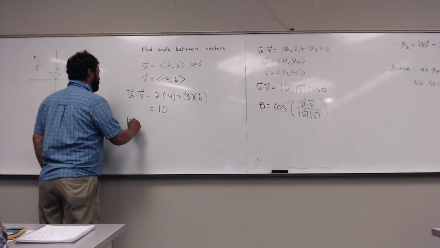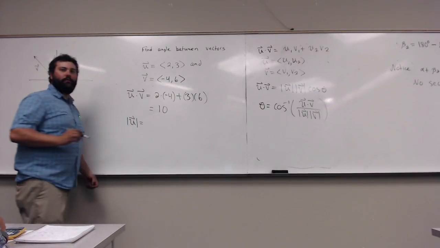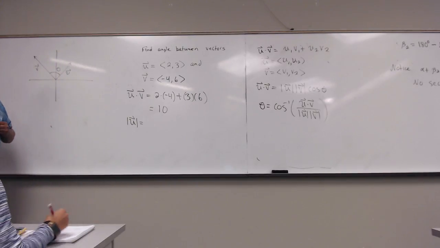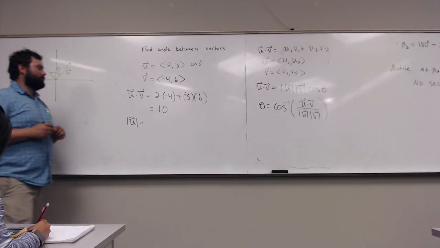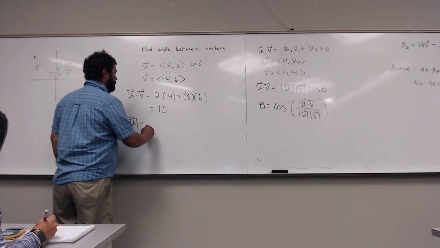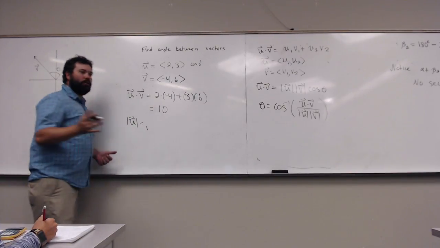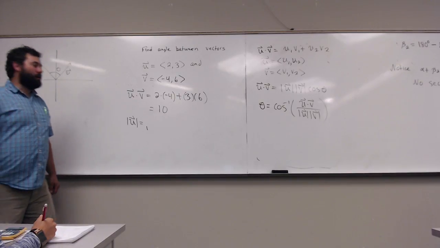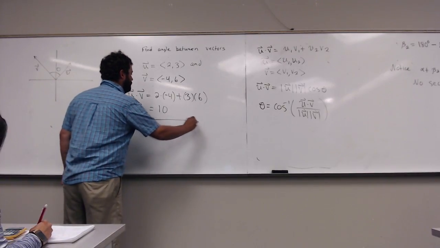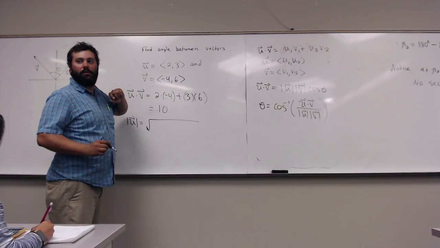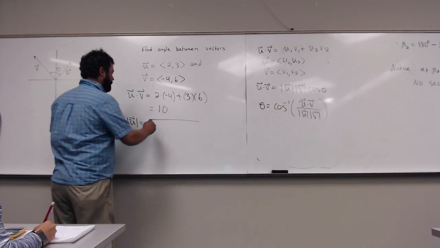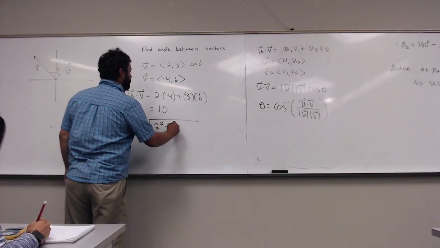And then what's the formula for the length of a vector? Remember, it comes from Pythagorean theorem. It'll be 2 squared plus 3 squared. But what's the formula though? So it's always the square root, u1 and then you take the components and square them and add, right? So you do 2 squared plus 3 squared.